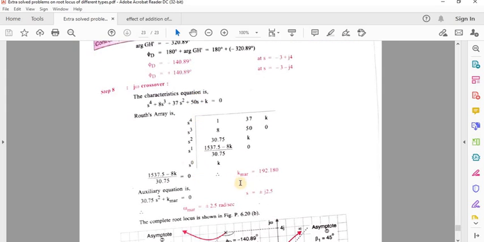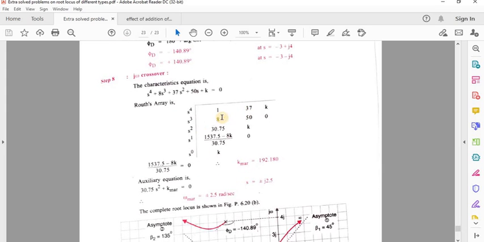Now this k marginal value is positive, so the locus will cross the j omega axis from the breakaway point. The k marginal value is plus 192.